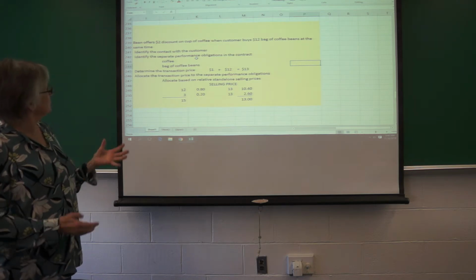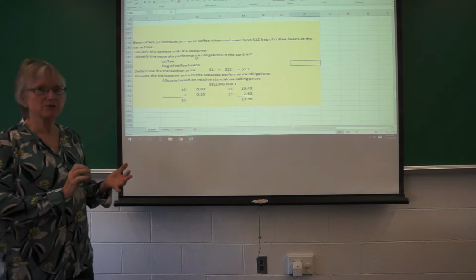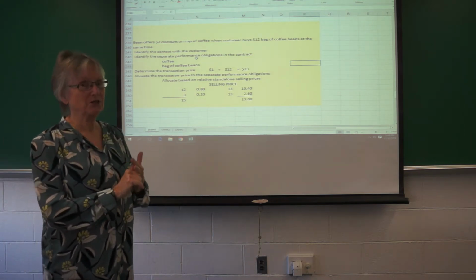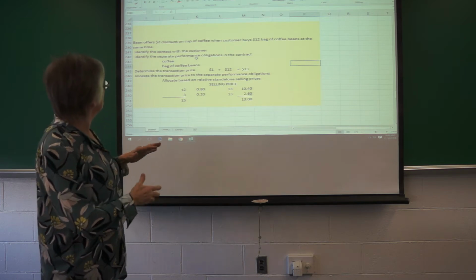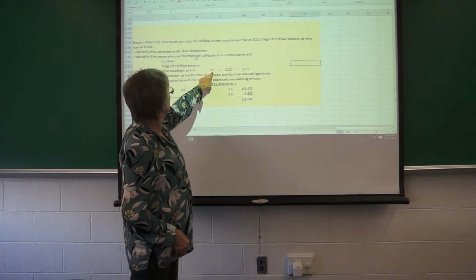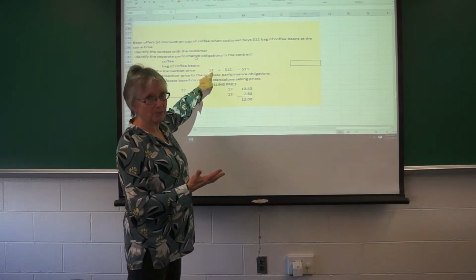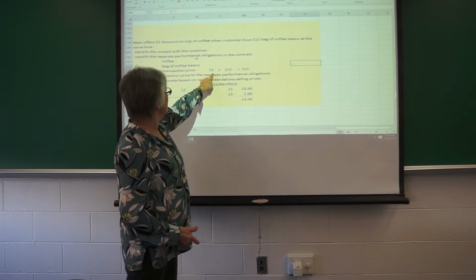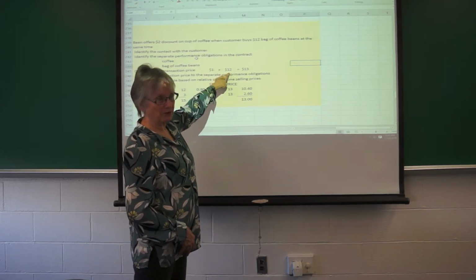There are two separate performance obligations, because obviously the beans and the coffee can be sold separately. So the transaction price is going to be the dollar for the cup of coffee. It's usually a $3 cup of coffee, but you get $2 off. So you're paying $1 for the coffee when you buy the $12 bag of beans.